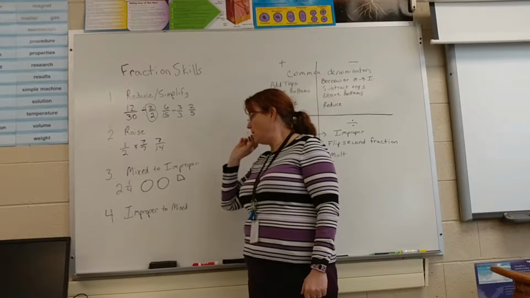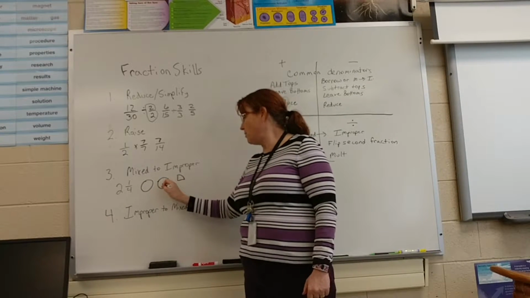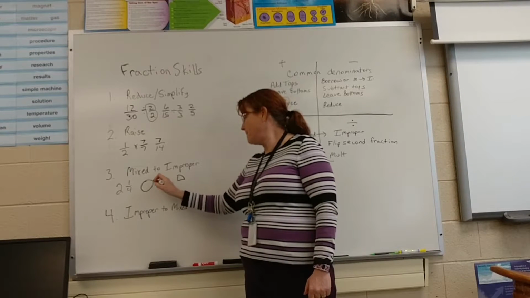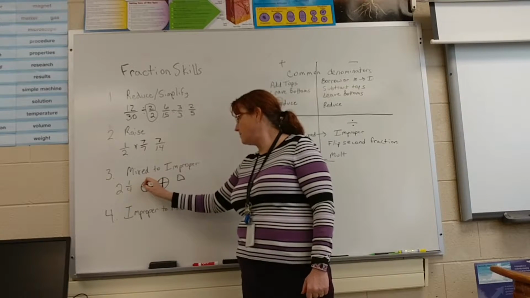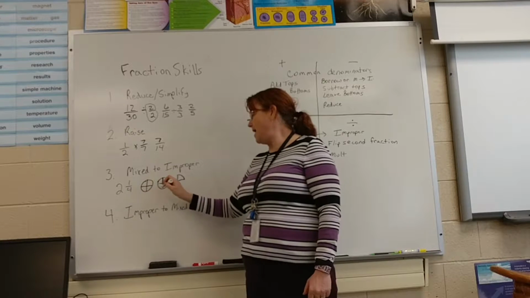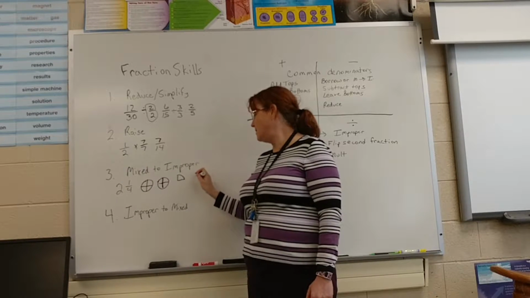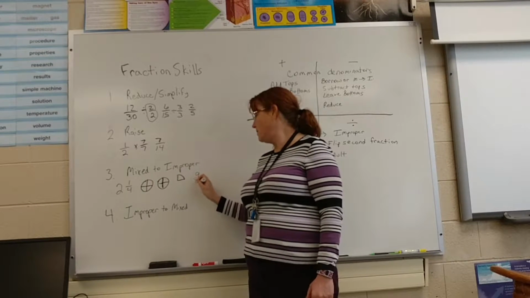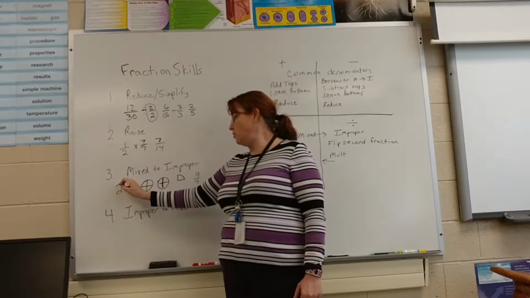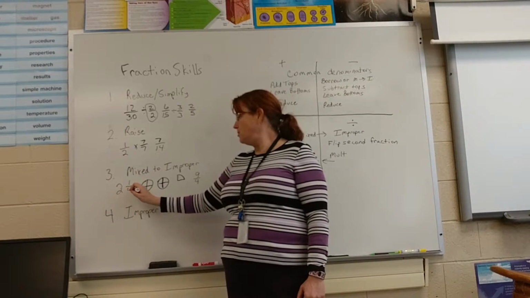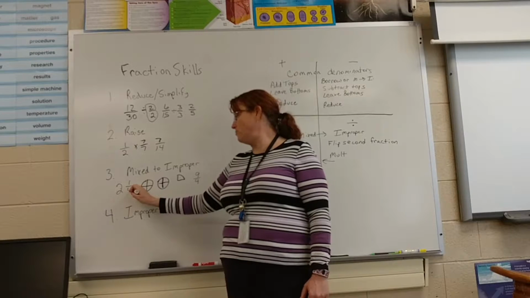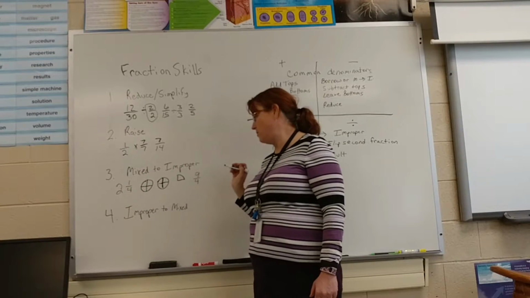Okay, so if we divide this into 4 parts and this into 4 parts, you now have 8 pieces, 9 pieces over 4. And to do that, you take 2, which is your whole number of pieces, you cut it into 4 parts, which is 2 times 4 is 8, plus 1 is 9/4.